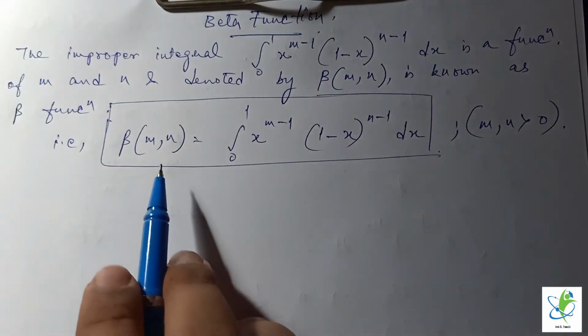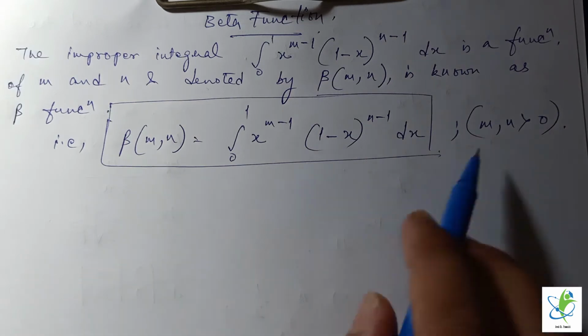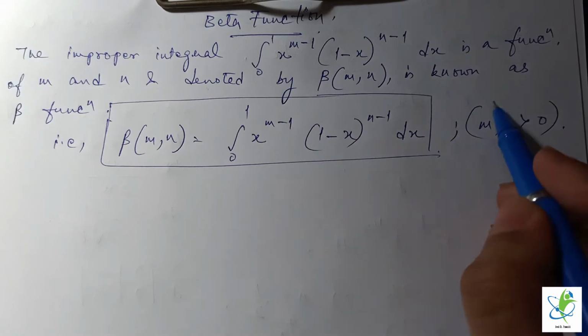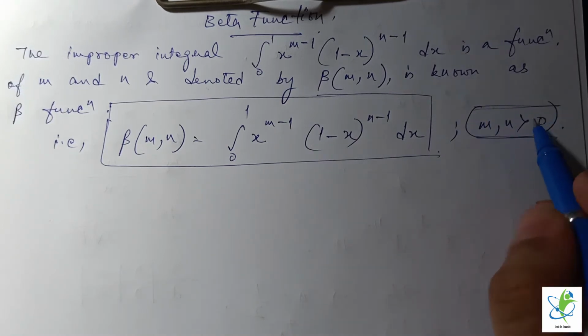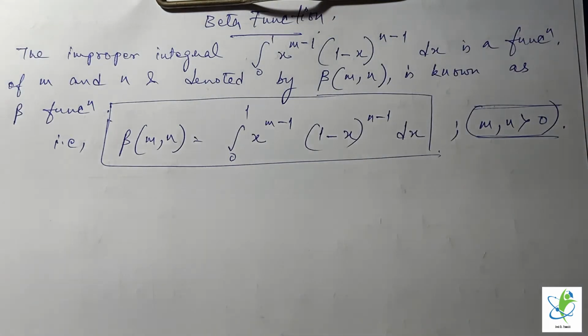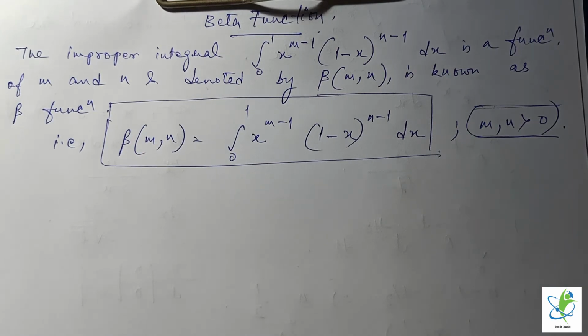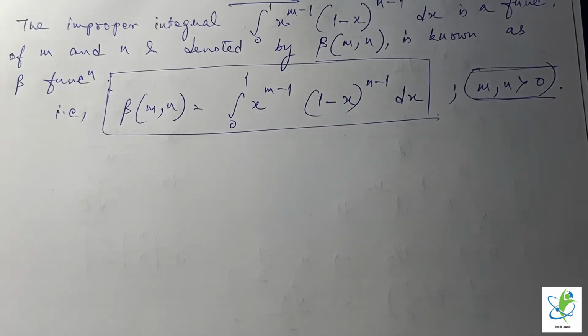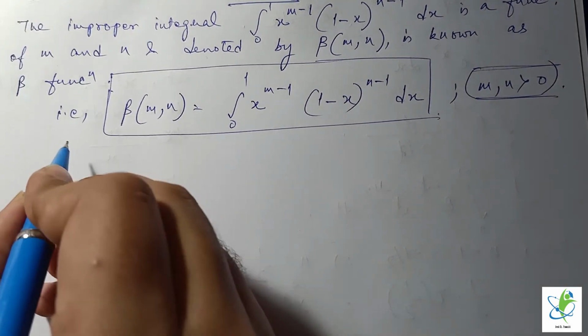So if I write the general form of beta function, it is beta mn equals to this, where the most important thing is that m and n both are greater than 0, where both are basically positive. Okay, there is also another form of beta function in terms of sine and cosine, so let's check that.